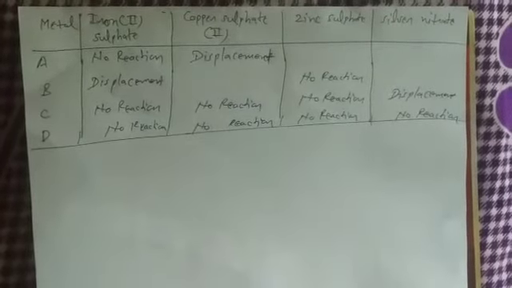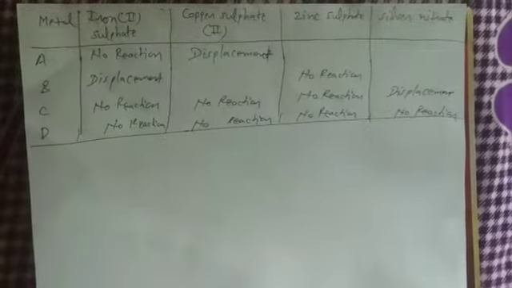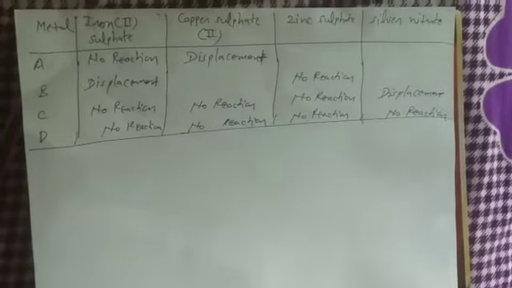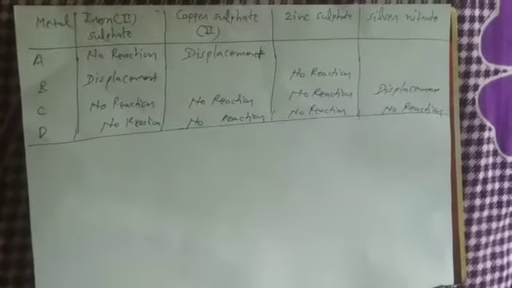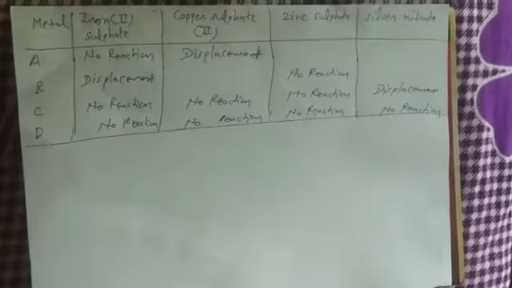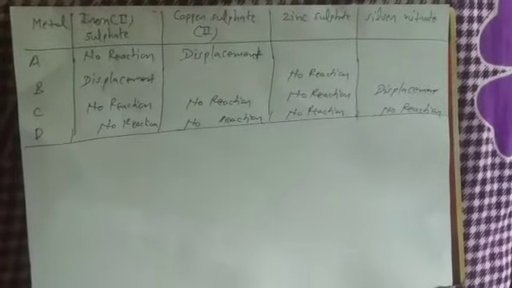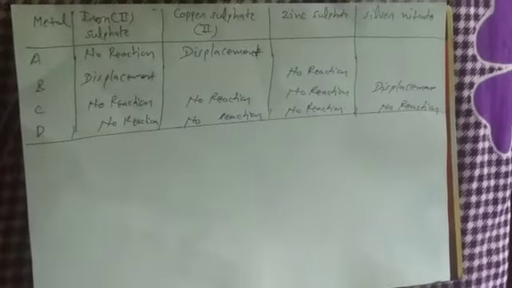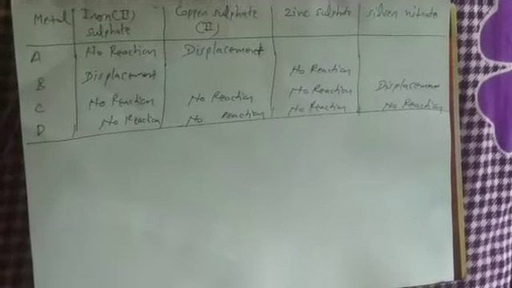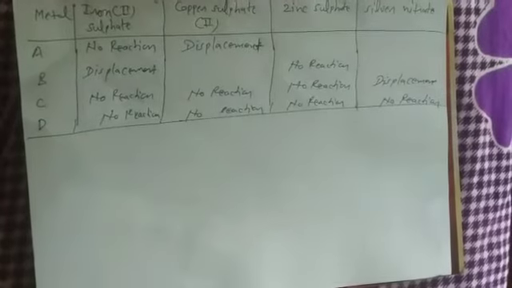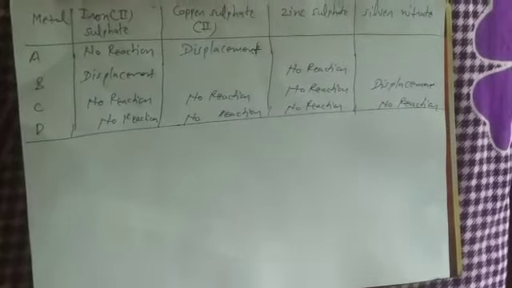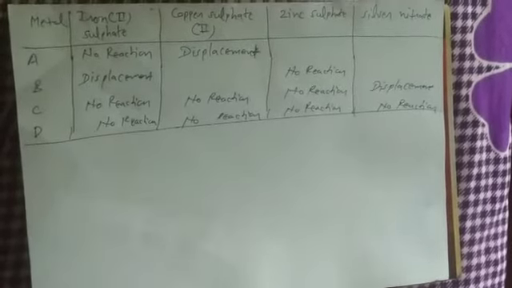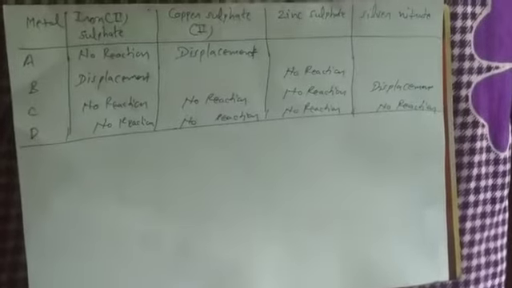Then metal C: no reaction takes place in case of iron sulfate, zinc sulfate and copper sulfate, but in case of silver nitrate, a displacement reaction takes place. Then metal D: no reaction takes place in case of iron sulfate, zinc sulfate, silver nitrate and copper sulfate.